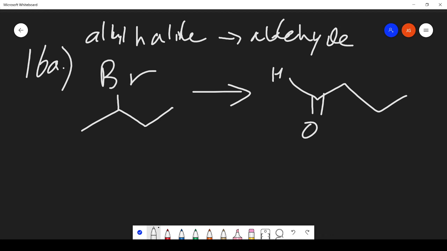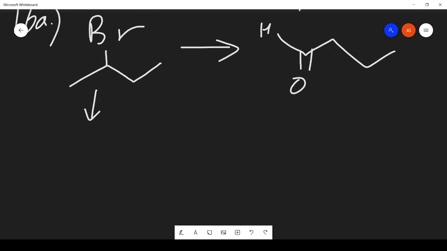Okay, the way we want to do this is, actually, there are different ways we can do this, but the most easy way to do this, and the one that I recommend that you use, notice how we're preserving the carbon chain. We're just changing functional groups.